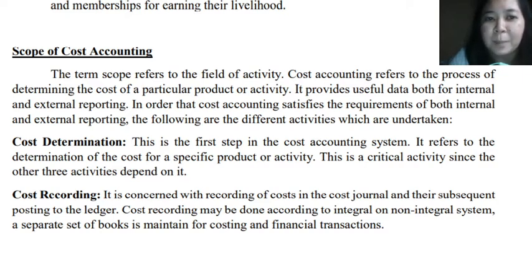In order that cost accounting satisfies the requirements of both internal and external reporting, we have the following activities that should be undertaken and met, for this financial data to become acceptable both for internal and external reporting. But again, the reports here are mostly used by the management for internal reporting purposes for decision making.